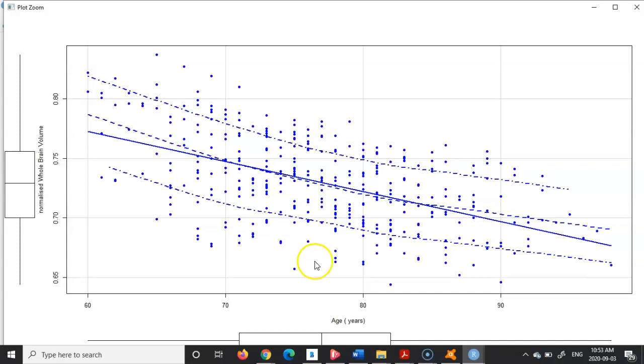On the x-axis, we have the distribution of the age from 60 all the way going past 90. We know that we should have 98. And on the y-axis, we have the normalized whole brain volume. Each dot you see here is essentially the normalized whole brain volume of one of the people who has been referred to the clinic for the study.